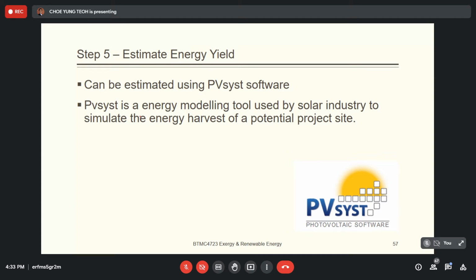This is an energy modeling tool used by the solar industry to simulate the energy harvest of a potential project site. You can use this to measure. This includes the historical data of the solar irradiance at a particular location. But I'm not sure how accurate the system is.